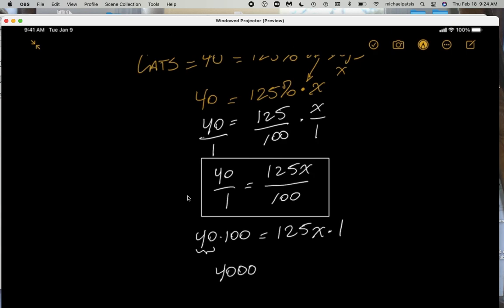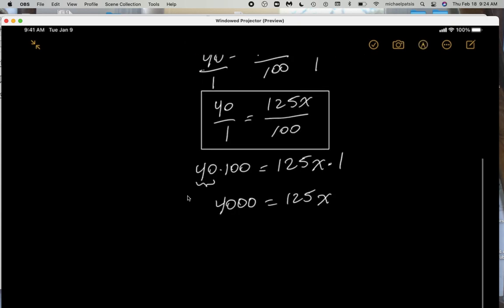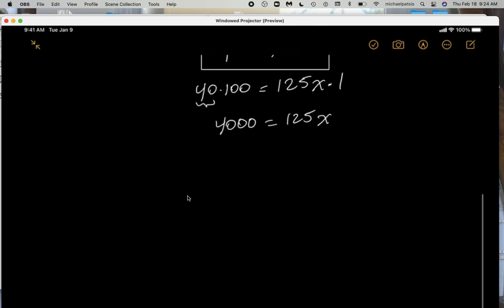By 2 zeros. Equals 125x. X is then going to be 4,000 divided by 125. And our final answer is going to be x equals 32.